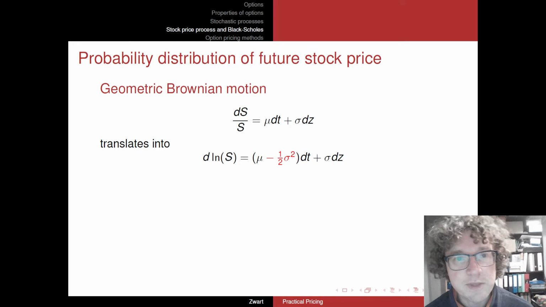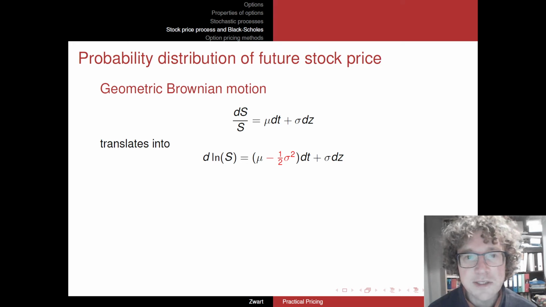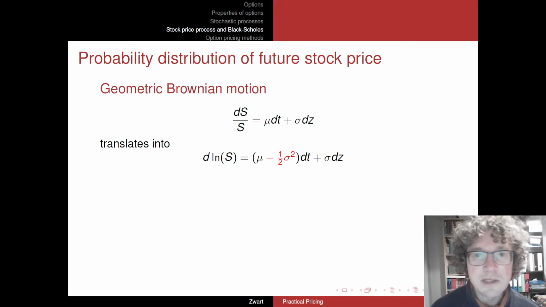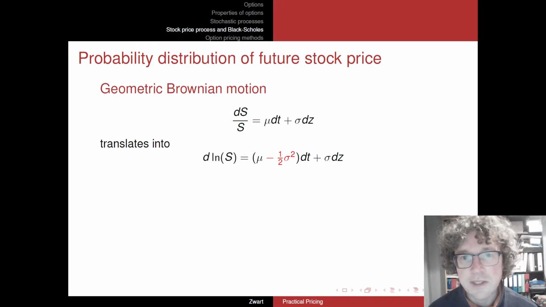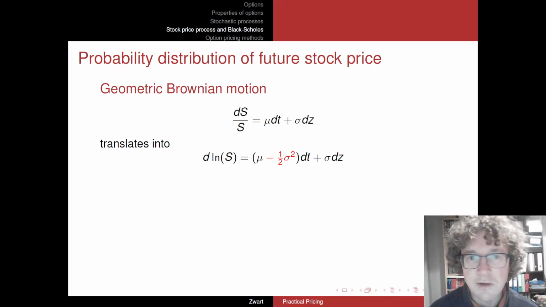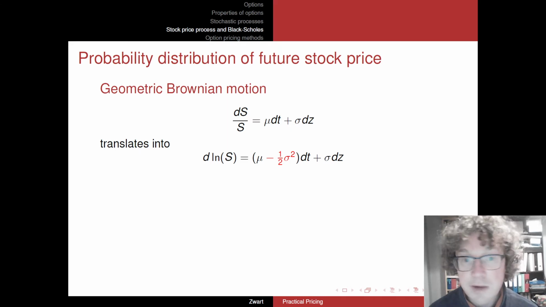So if the stock price is following this geometric Brownian motion, what's then the probability distribution of the future stock price that will result from this evolution? Well, if you know a little bit about differentiation, then perhaps you recognize dS over S, the rate of growth of our stock price S. We can translate that pretty easily into the d log of S. All the black terms here would be what we would have if this were just a non-stochastic differential.